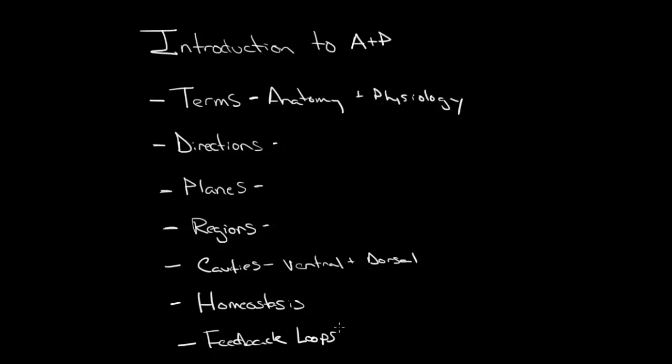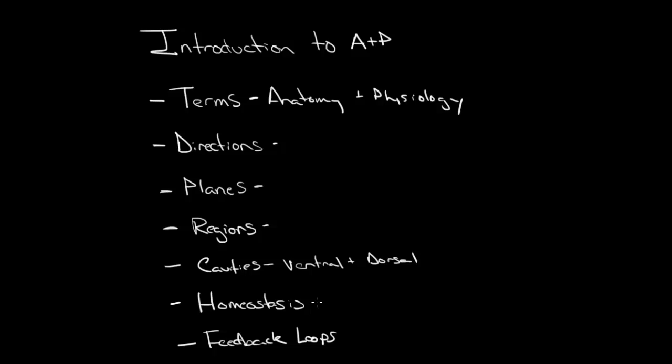And then we'll talk about a major concept in anatomy and physiology, which is homeostasis. Homeostasis is the term that we use to describe the body maintaining a constant internal environment despite changes in the external environment, or even in the internal environment, but maintaining a constant value.